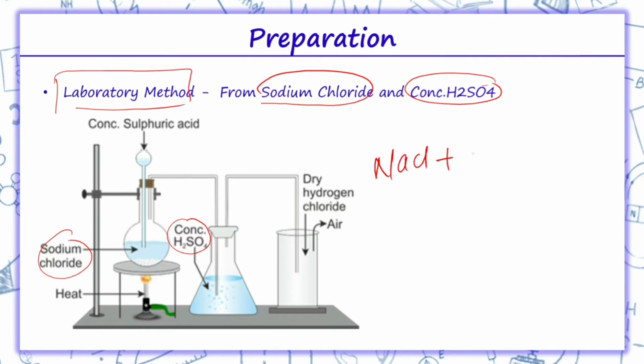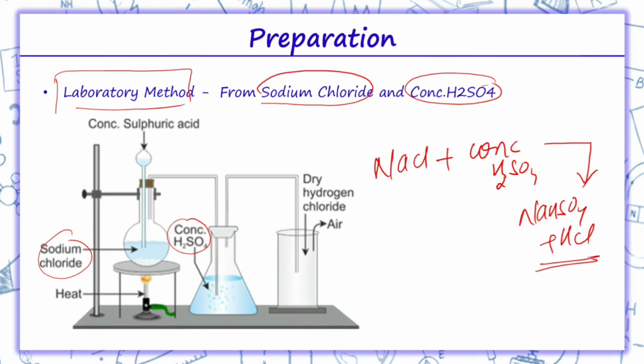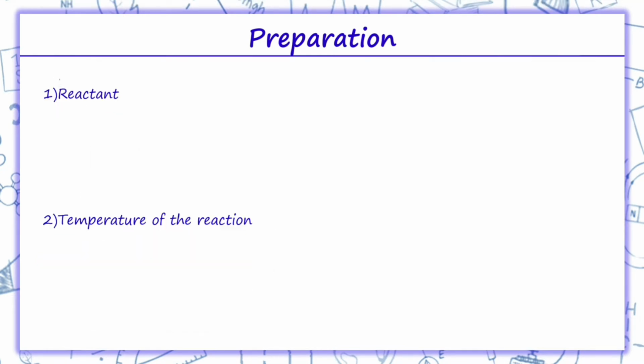Thus NaCl plus concentrated H2SO4 will give NaHSO4 plus HCl, and this is how HCl gas is collected in this beaker. The reactants involved in this reaction are sodium chloride and concentrated sulfuric acid.